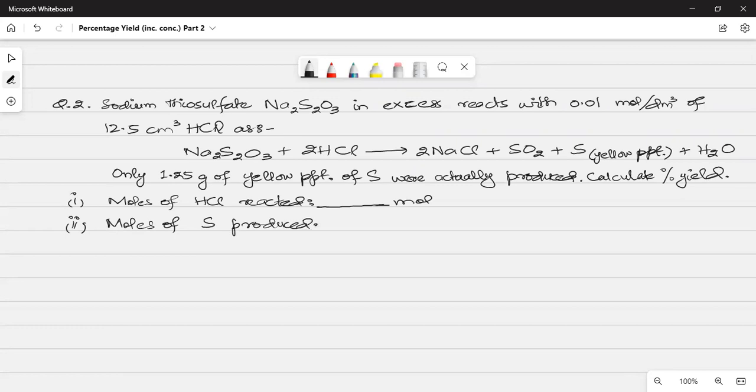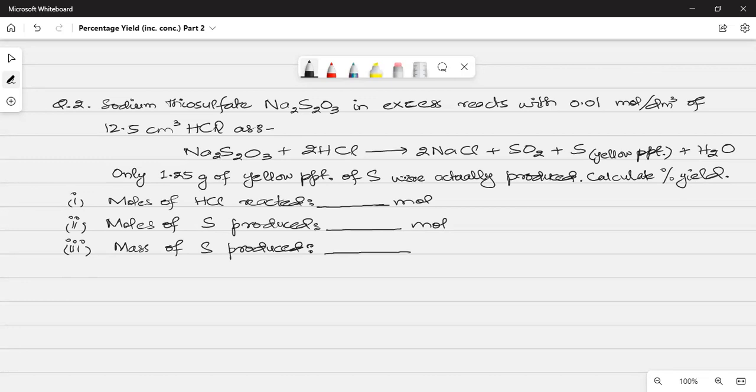So, moles of S produced. And lastly, since sulfur is produced as a solid and not as a gas, I can't put volume over here. This is what makes part 3 different from part 3 of the previous question. In the previous question we were talking about a gas, so we put the quantity of volume there.